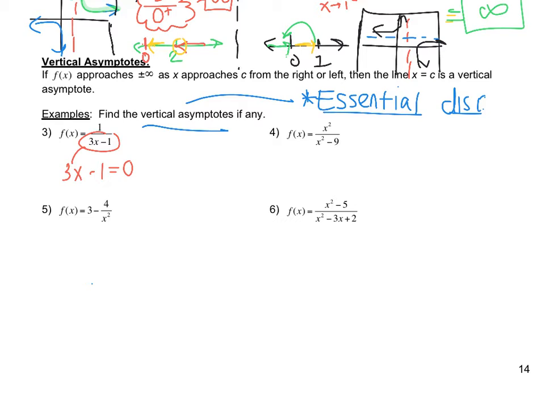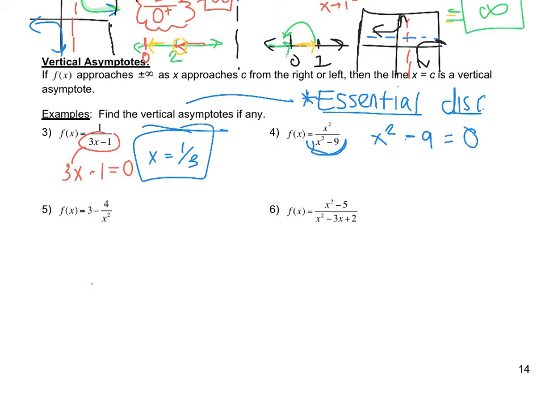So example number 3 has a vertical asymptote at x equals positive 1/3, because you would add 1 and then divide by 3. With number 4, we're looking over here, and again, these essential discontinuities that result in vertical asymptotes is where these entire denominators would equal 0. So x squared minus 9 equals 0.